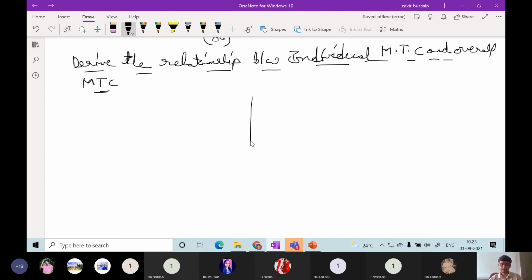For example, I am taking the same tower once again. Gas is flowing from bottom to top; this is the gas inlet, and this is the liquid inlet. Liquid flows from top to bottom, and gas flows from bottom to top like bubbles, intersecting each other.